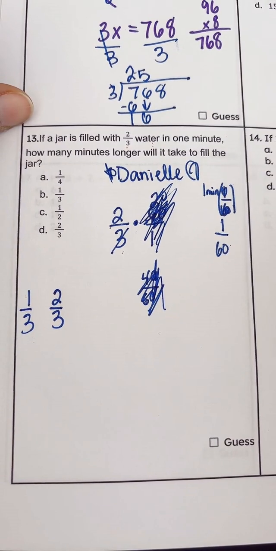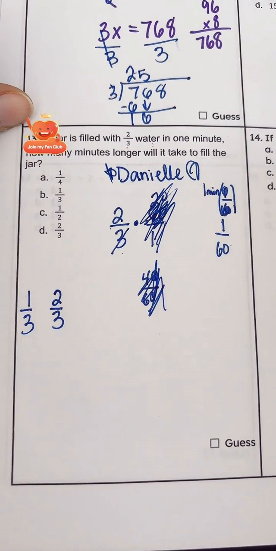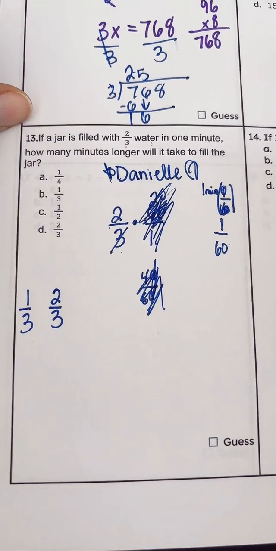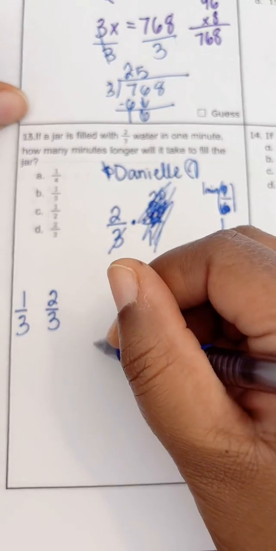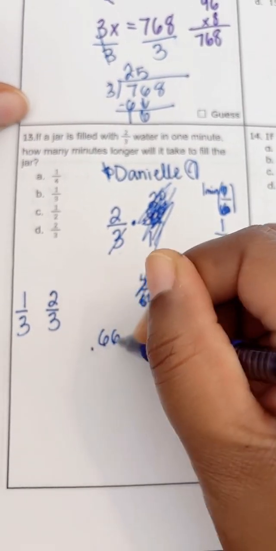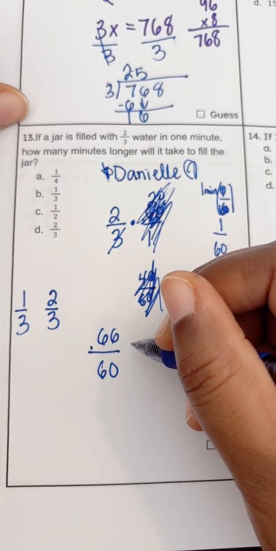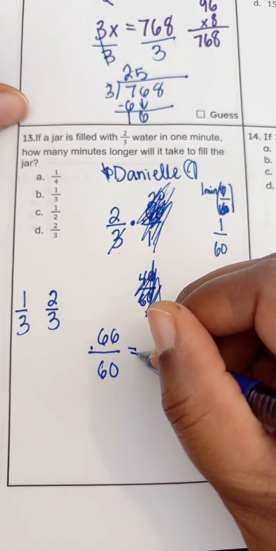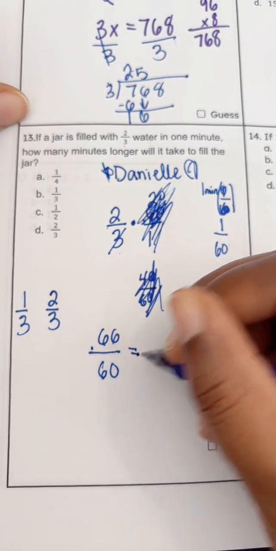Okay, Jenny said, let me see what you're talking about. Hey, Miss Keisha. 0.66 divided by 60 equals 0.33 over x, then cross multiply and divide by x. So you said do 0.66 over 60 equals 0.33.